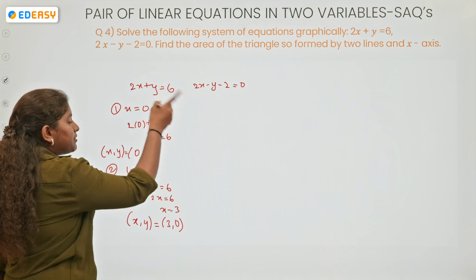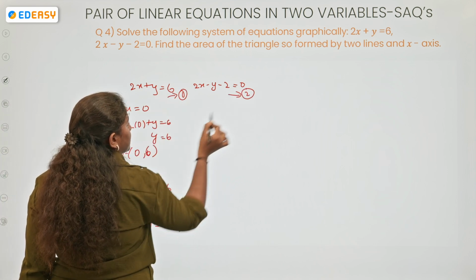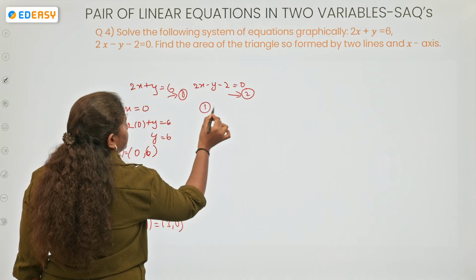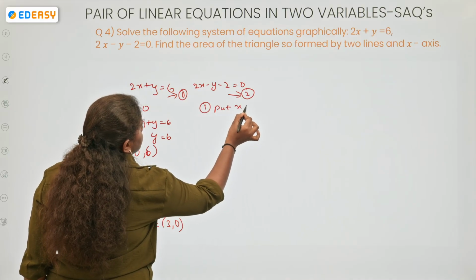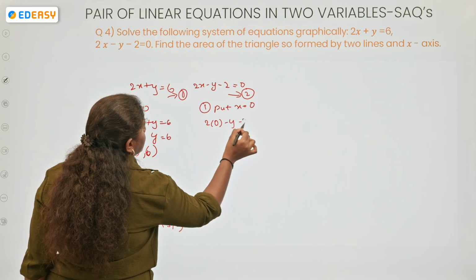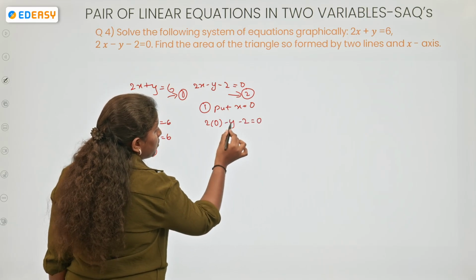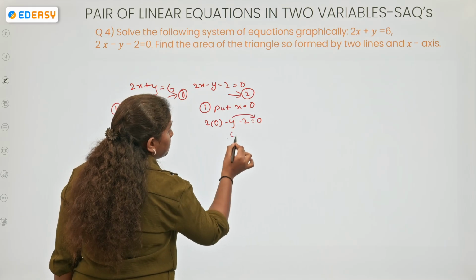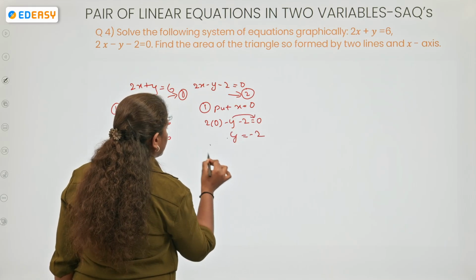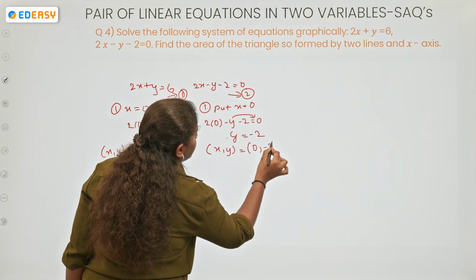Similarly for the second equation, first put x equals 0. So 2 into 0 minus y minus 2 equals 0, so minus y equals 2, which means y equals minus 2. The point is 0 comma minus 2.